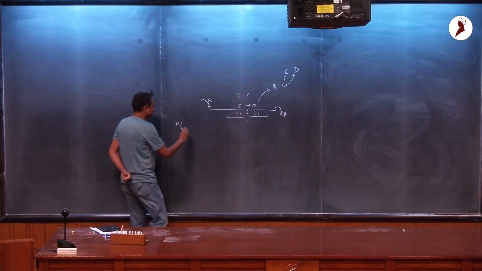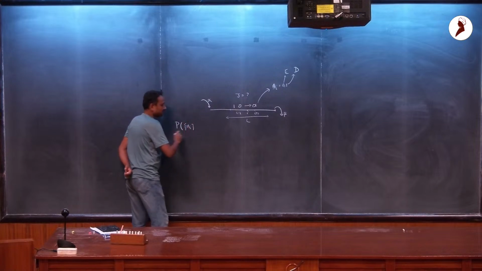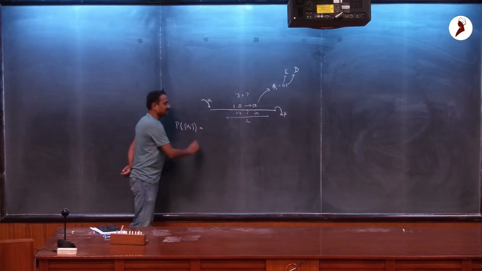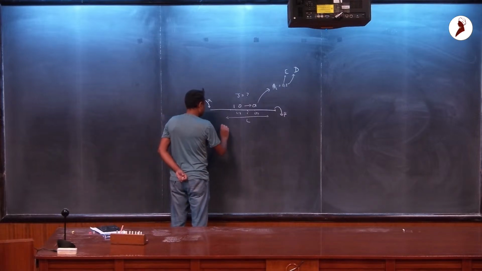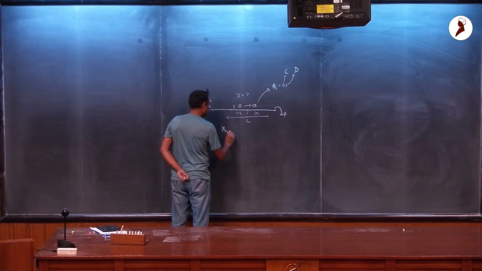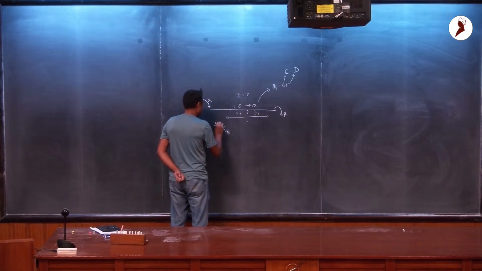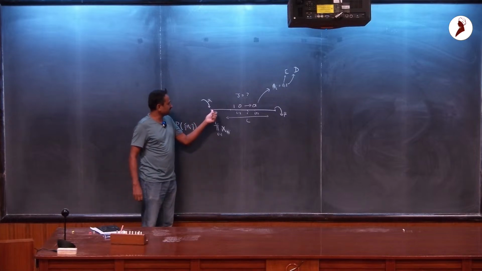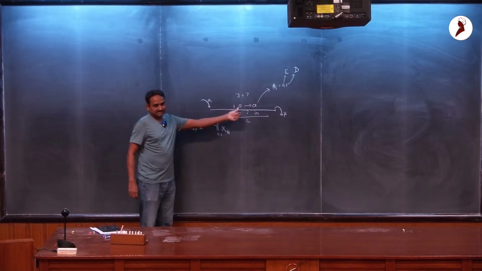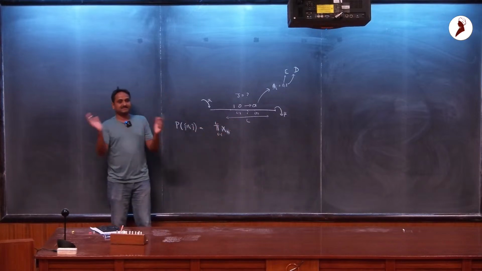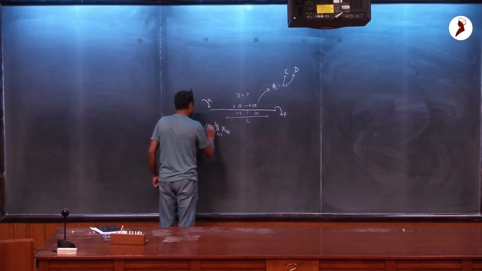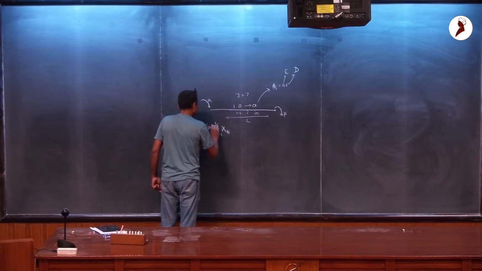So the probability of the configuration is the product over i equal to 1 to L of the matrix for n_i. But you cannot put a trace, because the trace makes it homogeneous, so you need boundary conditions.